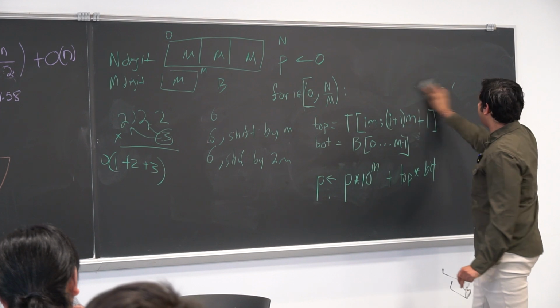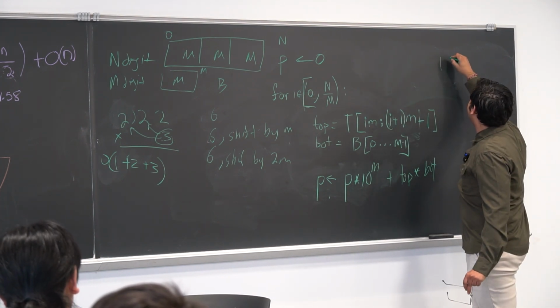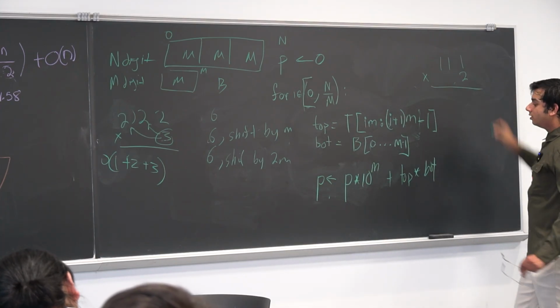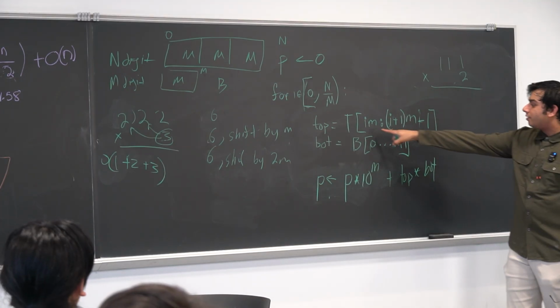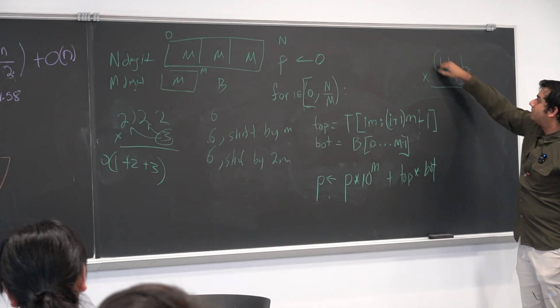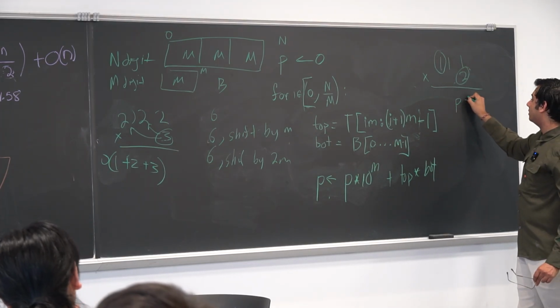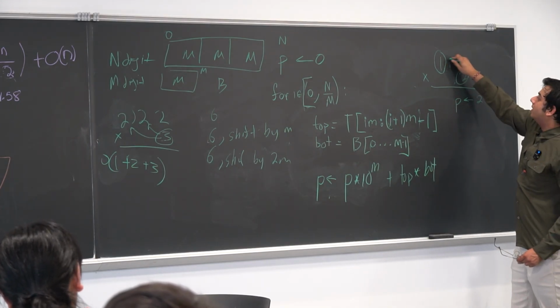Let's pick an example where we take 111 times 2, and let's trace through what happens here. So this algorithm says, take this product and this product. Good so far? So my product right now is 2. Maybe I'll change this so it's a little bit more.